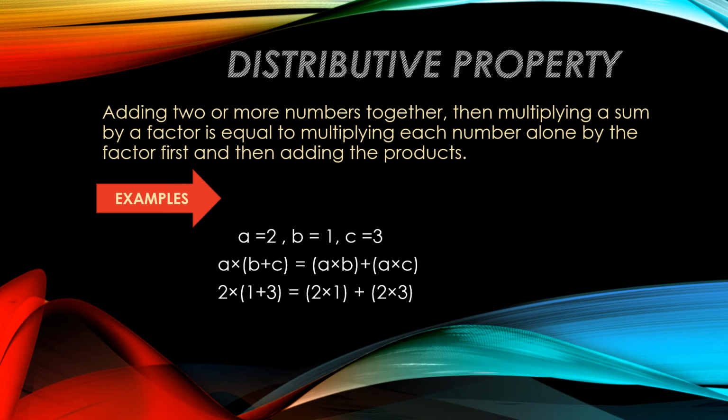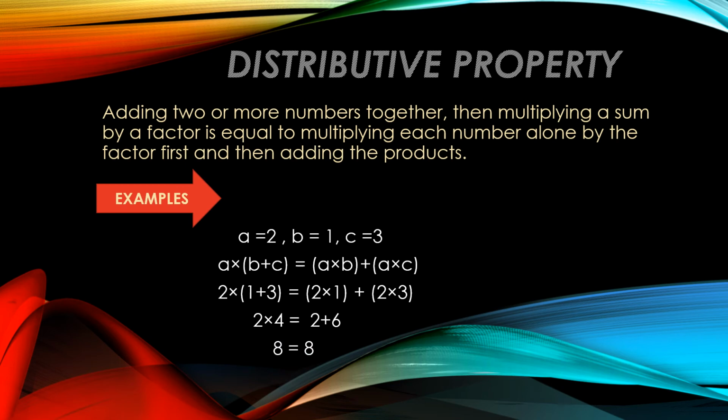Left hand side what I have done, a that is 2, 2 into 1 plus 3. Right hand side I have written 2 into 1 plus 2 into 3. Means I am multiplying 2 with 1 first, then 2 with 3. And answer I am getting 2 into 4 equal to 2 into 6. That is 8. Means we will get the same answer.